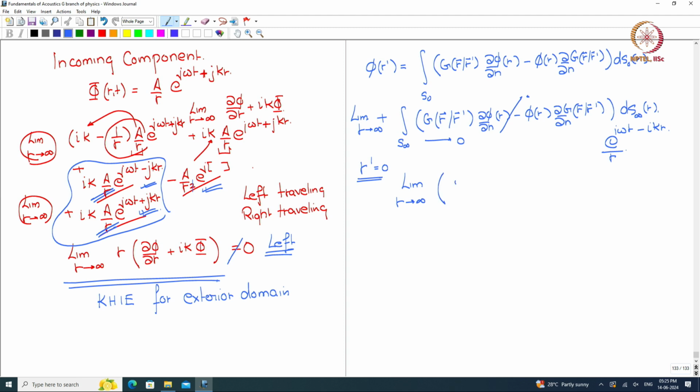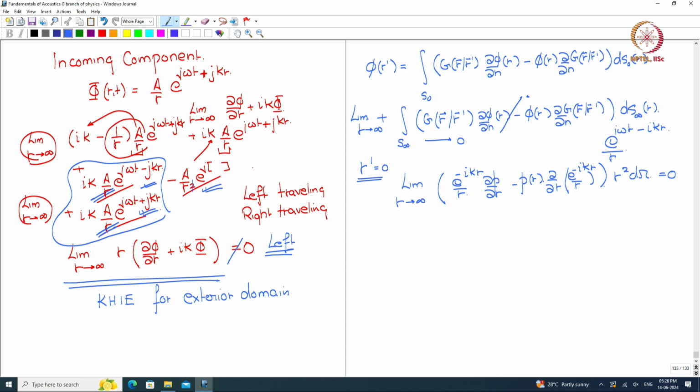I have e to the power of minus i k r over r, then del p by del r minus p of r, del by del r of e to the power of minus i k r over r, square d omega. That is what we have. This has to be 0.